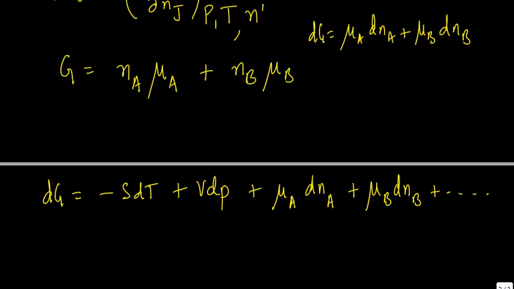And remember, what is that mu A? That is del G by del NA at constant pressure, at constant temperature, at constant number of moles of all other components.